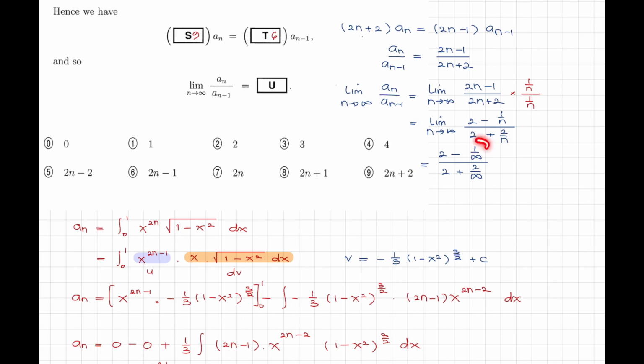As you can see here, 1 over infinity approaches 0. 1 divided by a very large number will approach 0. The same thing for 2 over infinity. 2 over a very large number approaches 0. So the final result is 2 over 2, which is 1. So letter U here is 1.